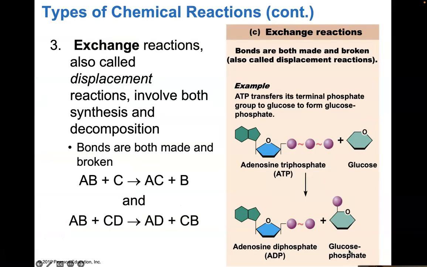Now the exchange reactions are where we're not only breaking bonds, but we're actually building bonds as well, right? Because we're kind of exchanging things. So here we're breaking a bond between A and B, but then we're forming a new bond between A and C. So it's not a synthesis reaction, it's not a decomposition reaction, it's kind of both, right? And that's what an exchange reaction is.